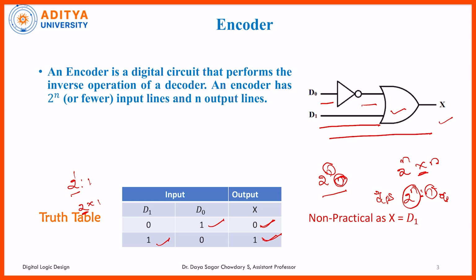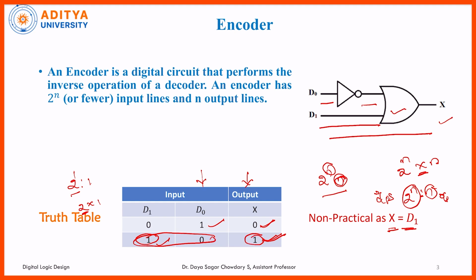If we draw a K-map, a Karnaugh map, for this particular x, x is equal to 1 when d1 is equal to 1. That is the corresponding input for x equal to 1.